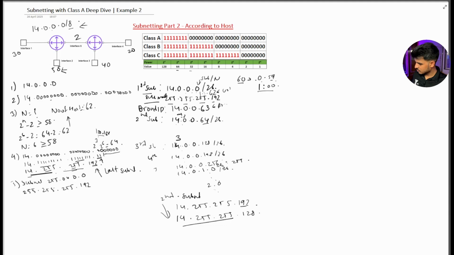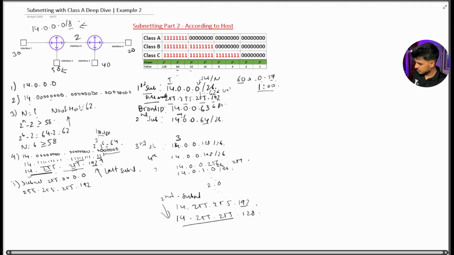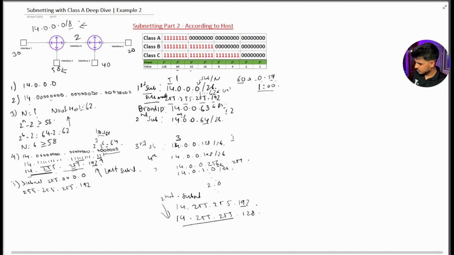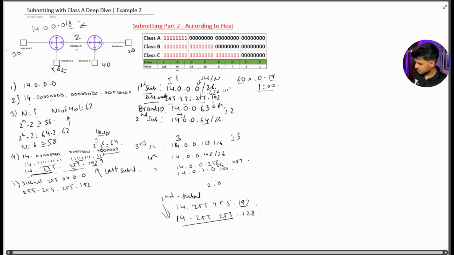I'm hoping you are clear with this. As we have derived many subnets, we can give these subnets to any interface. Let's say for interface 1 we can give this, the second subnet to interface 2, and similarly for the third, fourth and so on, for however many 5-6 interfaces there are.